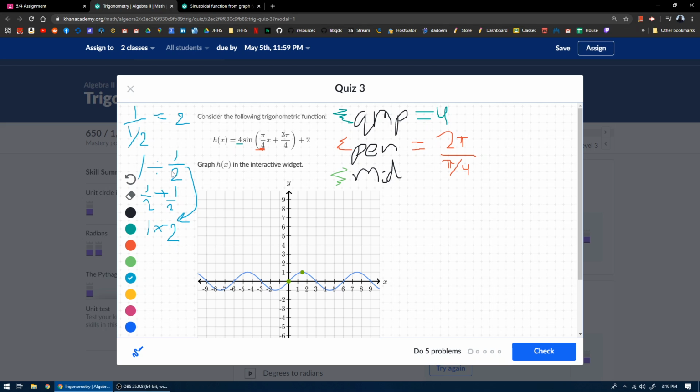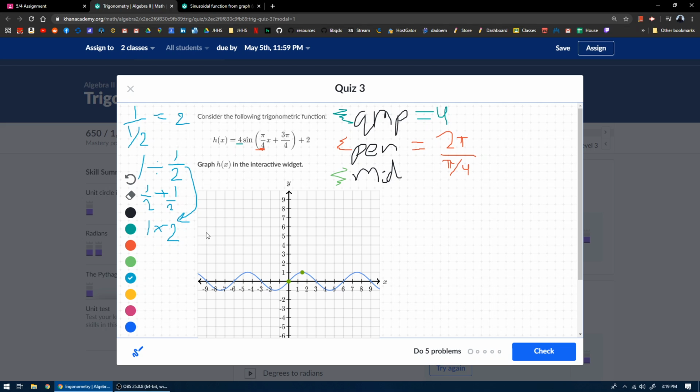So I flip 1/2 over, and now it's 1 times 2. So it changes from division to multiplication, and the fraction over here flips over. So now it's 1 times 2, that's 2. That's what we had before, okay?